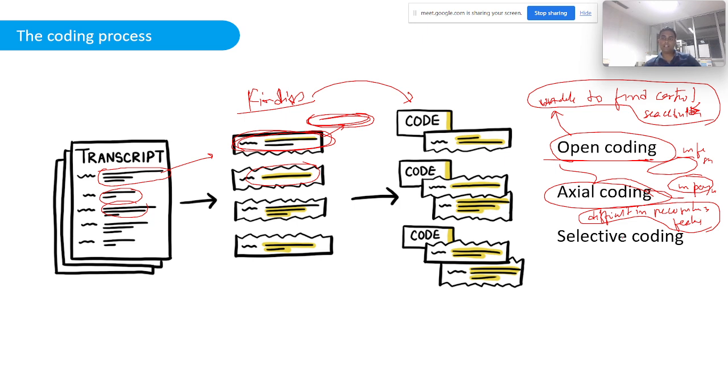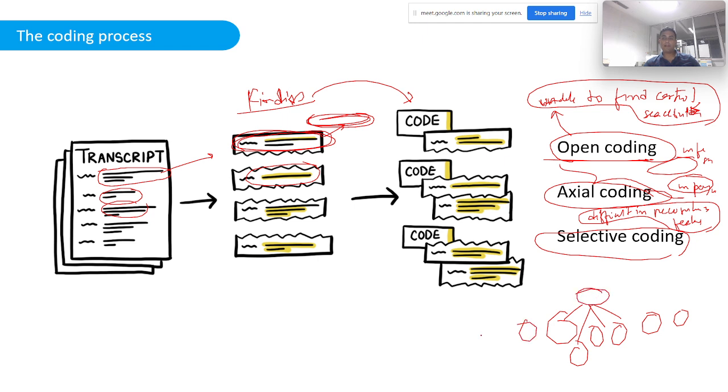Okay, so these are the key issues identified by clubbing together multiple open codes. Now selective codes are the next level of codes where you combine multiple axial codes into specific groups of your interest.